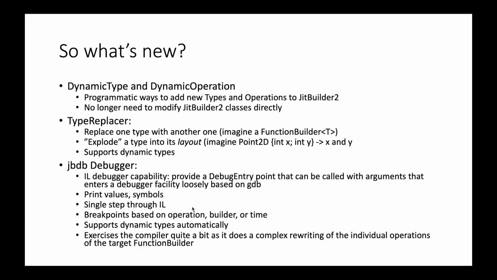The idea here is that rather than compiling a function builder and generating a native entry point that you call and it runs, instead you get back a debugged entry point, which looks exactly the same. It's actually a native function, a callable function pointer, that you provide arguments to and you call it, but what you're actually calling is a function that then initiates the debugger to run on the IL of the original function builder.